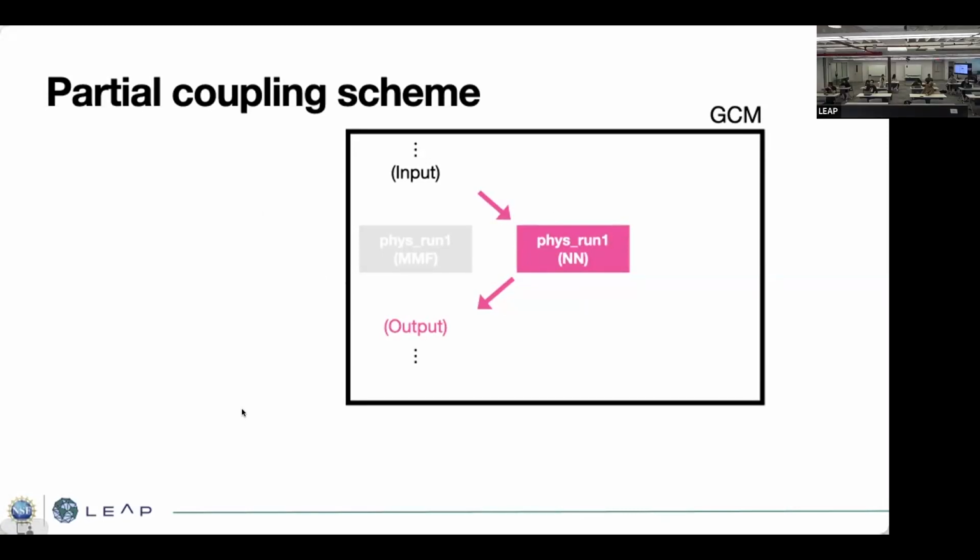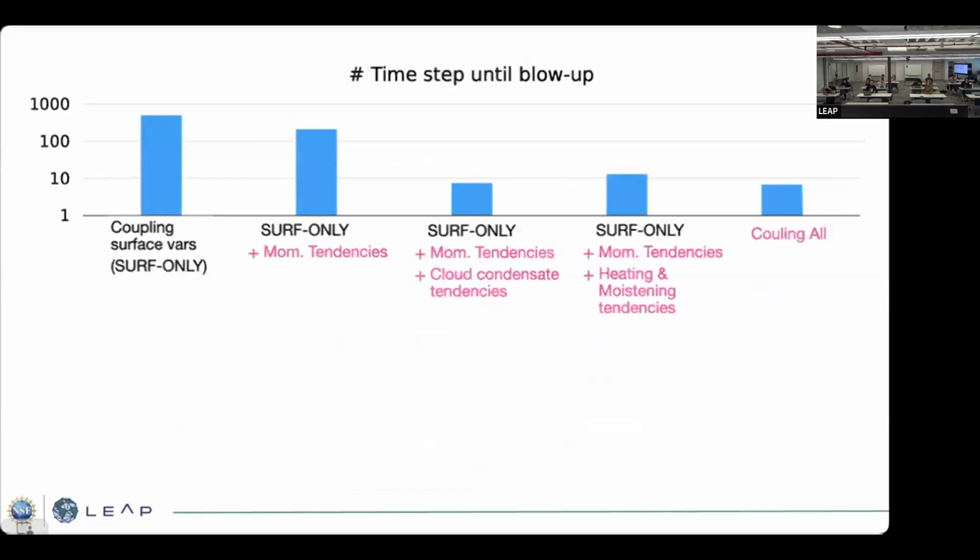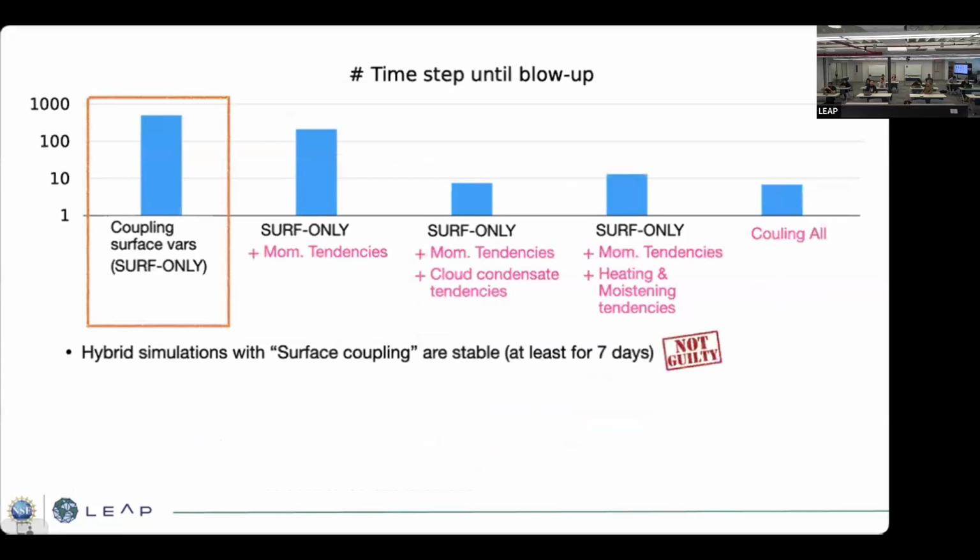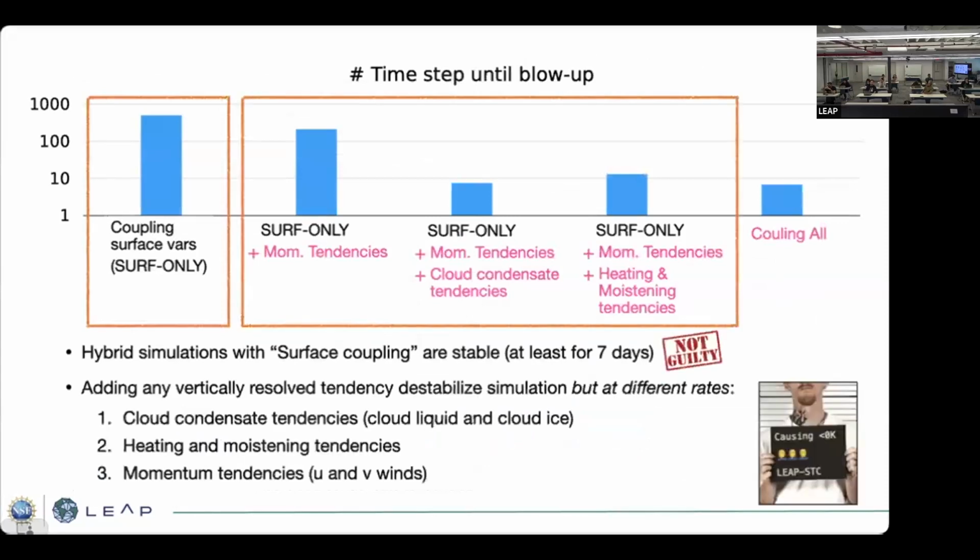Sorry, one more question. If you go back to that slide, the one we were talking about before, you show that it blows up, or rather the time step will blow up, right? There's 100, and then there's 10.